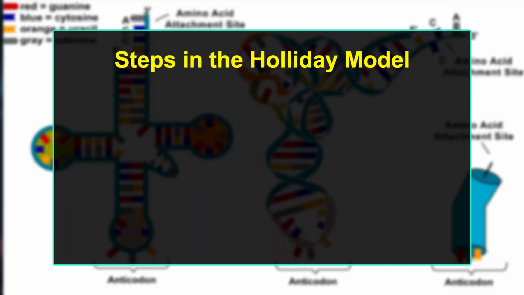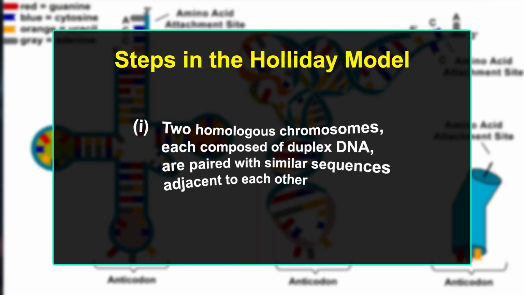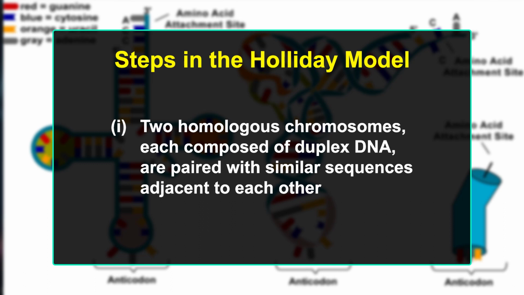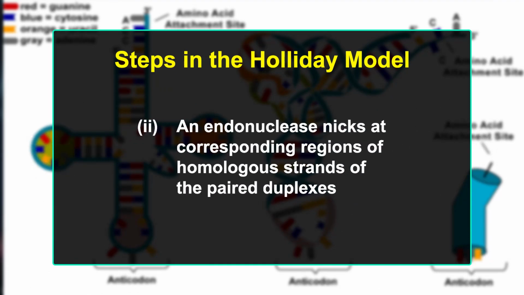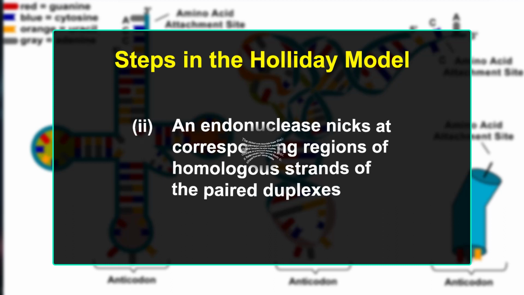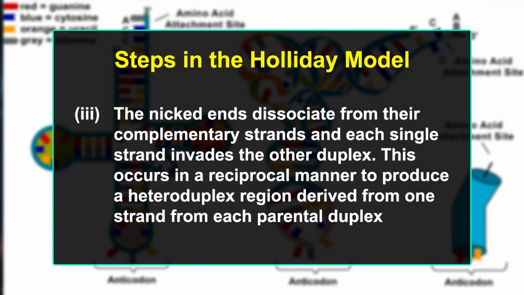The steps in the Holliday model are: two homologous chromosomes, each composed of a duplex DNA, are paired with similar sequences adjacent to each other. An endonuclease nicks corresponding regions of homologous strands of the paired duplexes. The nicked ends dissociate from their complementary strands, and each single strand invades the other duplex.